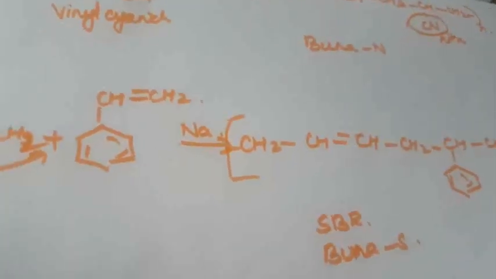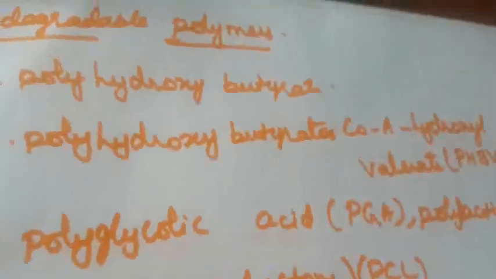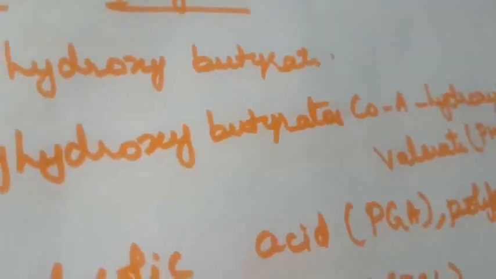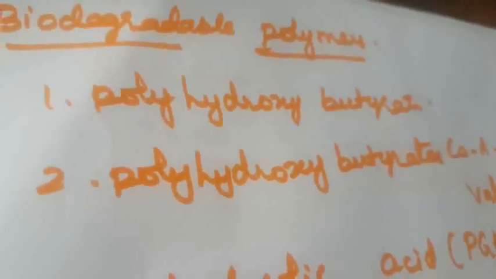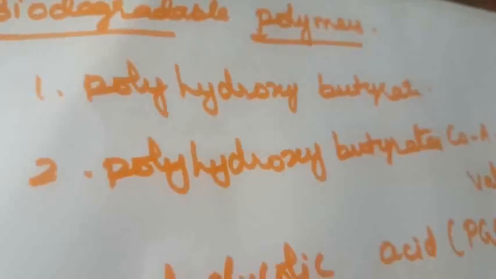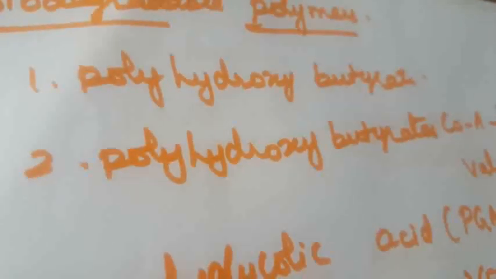Next one is biodegradable polymers. What is meant by biodegradable? The materials that are readily decomposed by microorganisms are called biodegradable. Natural polymers regenerate on their own after a certain period of time, and those are called biodegradable polymers.